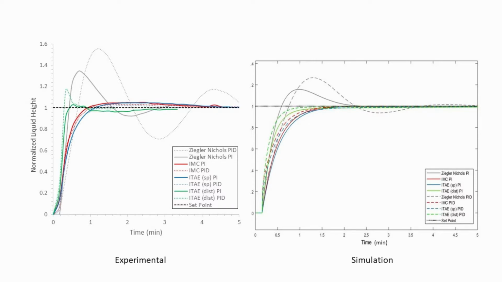Not surprisingly, the simulation underestimated the overshoot for all 4 cases compared to the laboratory results. However, after taking into account uncertainty, the simulated results are not far from what was observed in the lab.